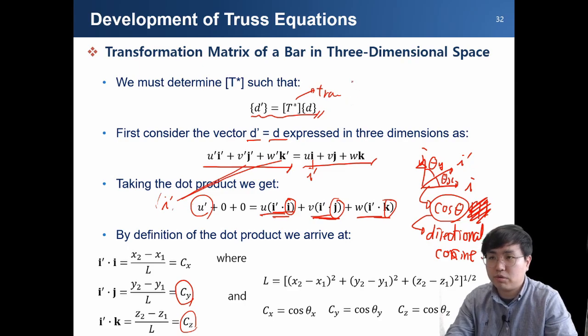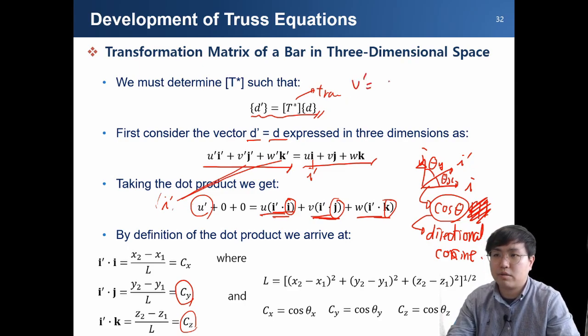Similarly, you can also define v prime: you have j prime and i, v prime with j prime and j, and w prime with j prime and k.